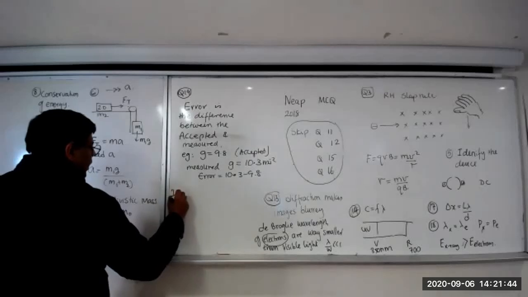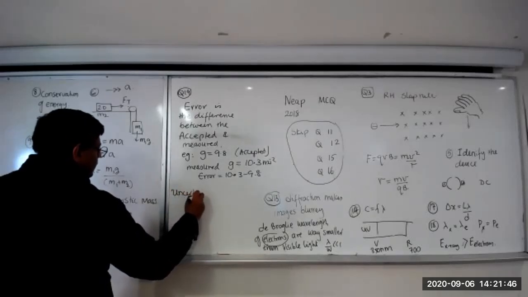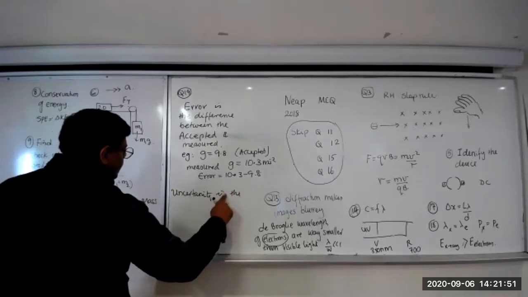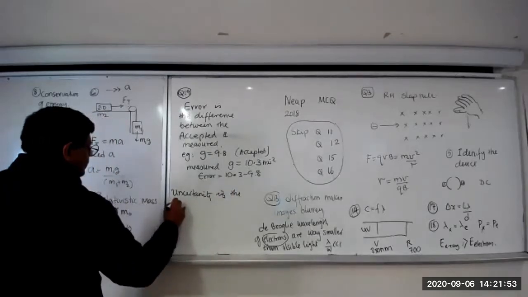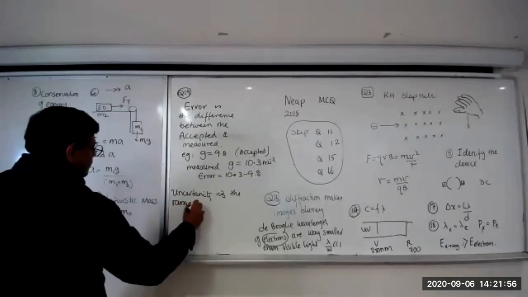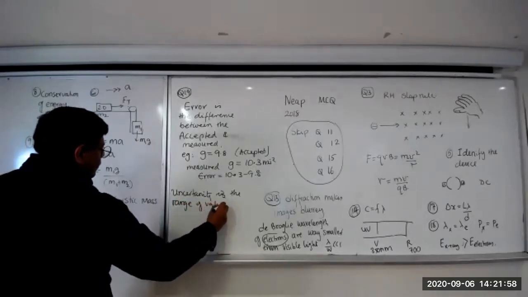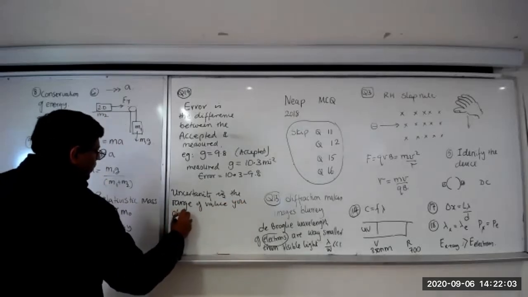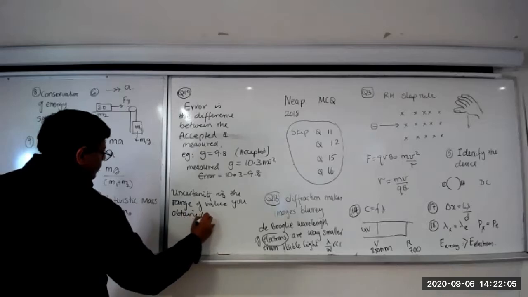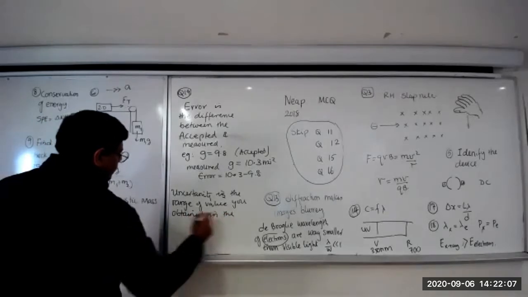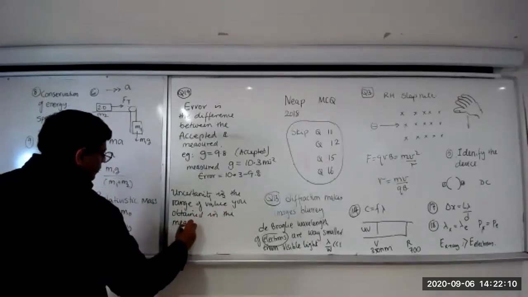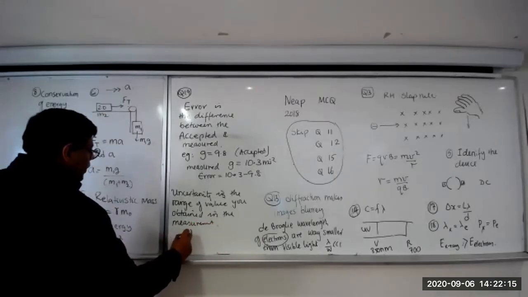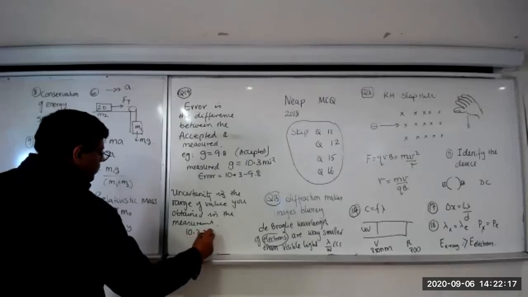Uncertainty is the range. It's the range of values you obtain in the measurement. Say for example, you got a value 10.3 plus or minus 0.5.